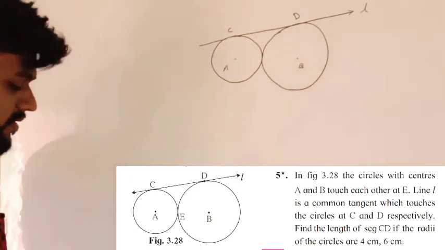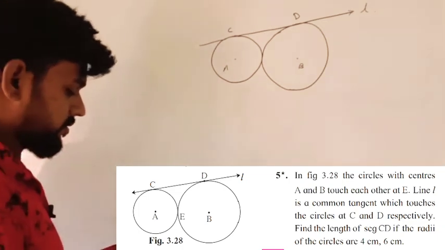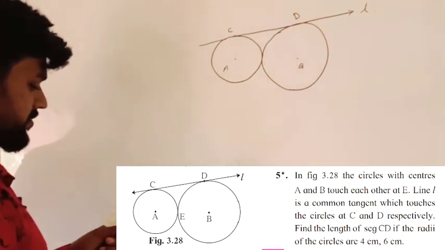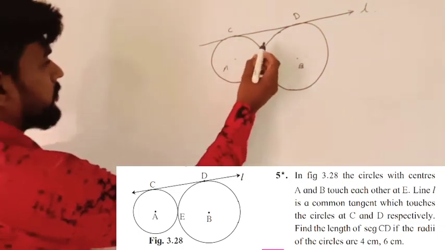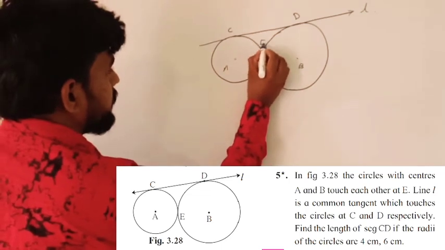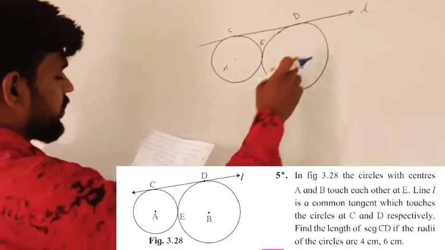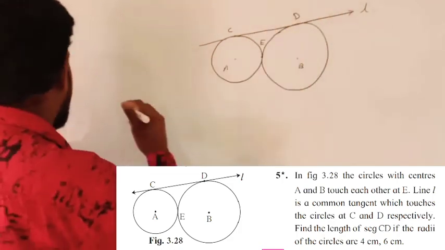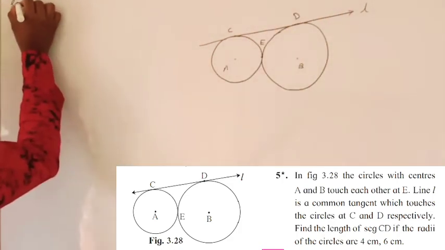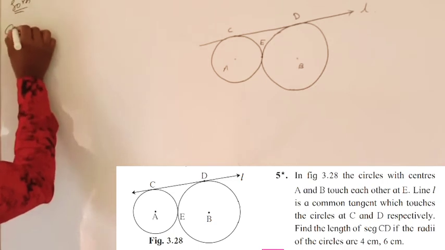First of all, the circles with centers A and B touch each other at point E. Here you can see the point E. Given in the question, at E, line L is a common tangent. We have to write all these things in the given.